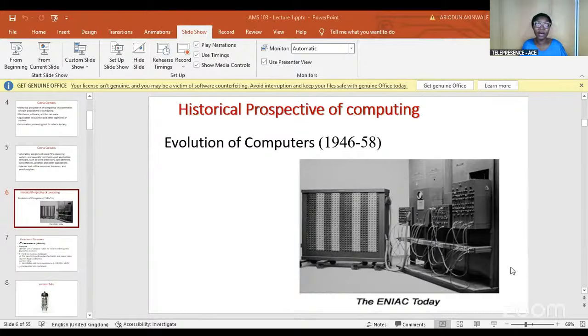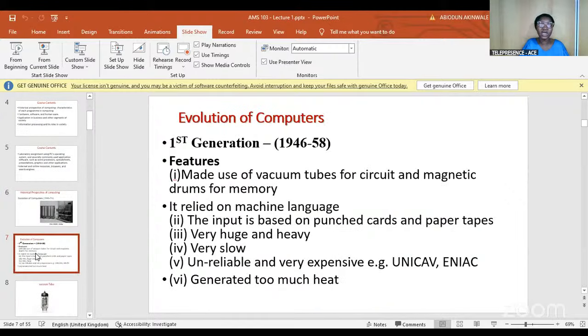And again, you have heat, and they were very slow, of course, as I said. If it's very slow, you can imagine how inefficient it would be to handle the massive production required for economic or organizational scale.